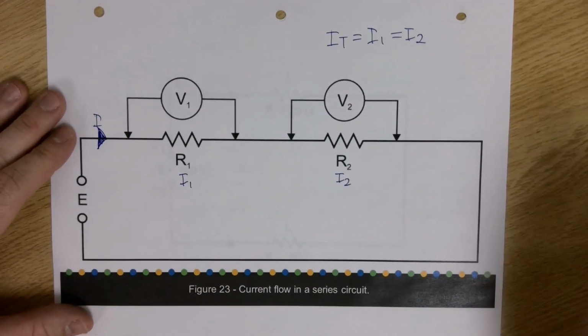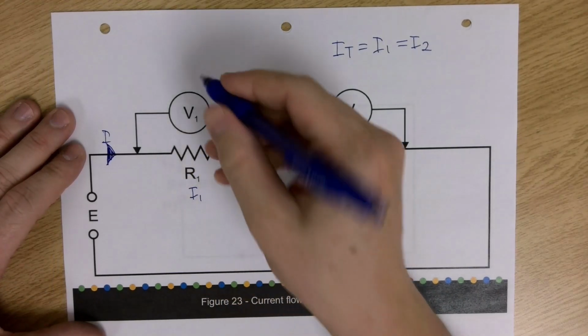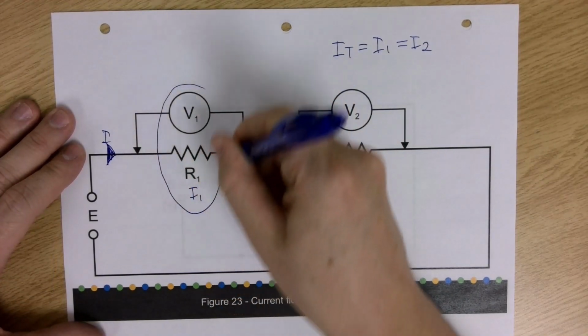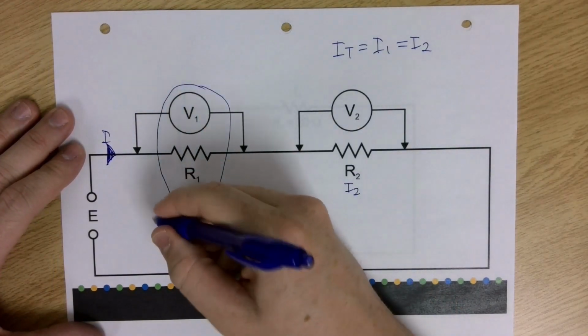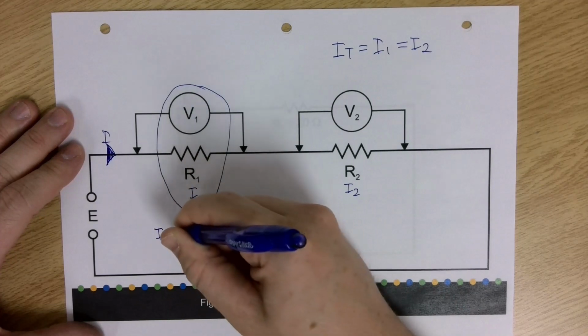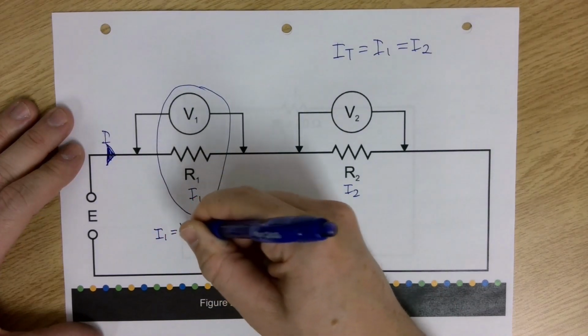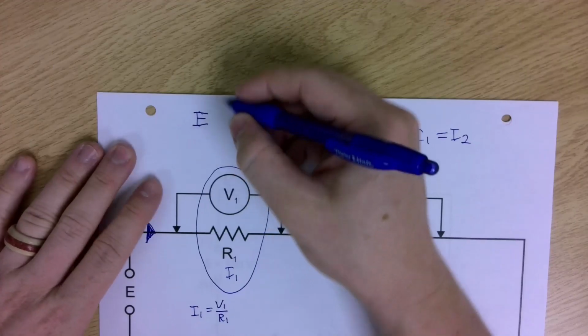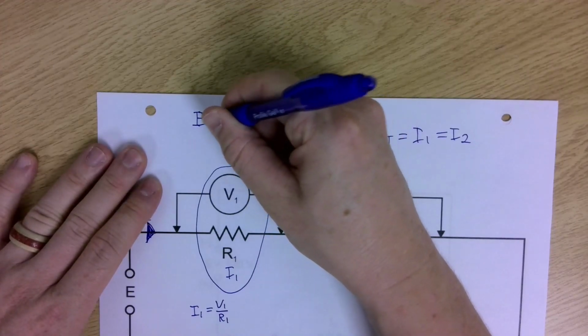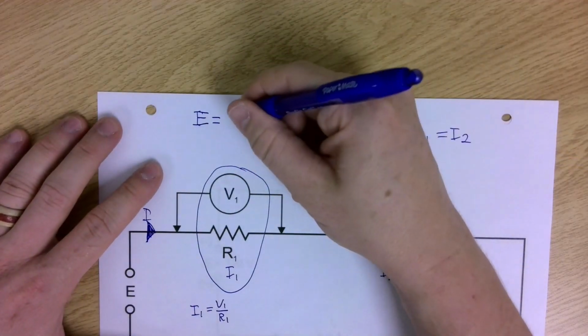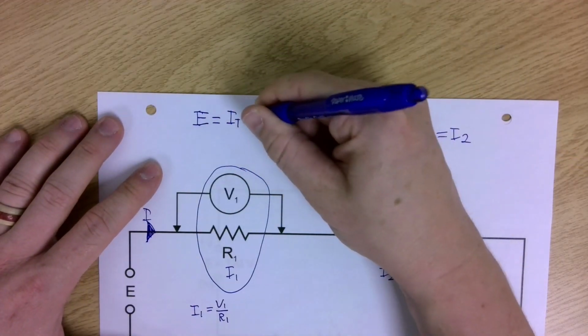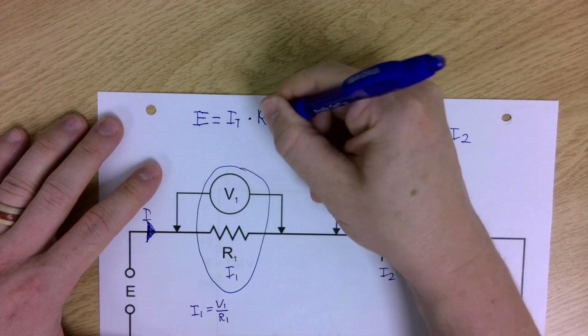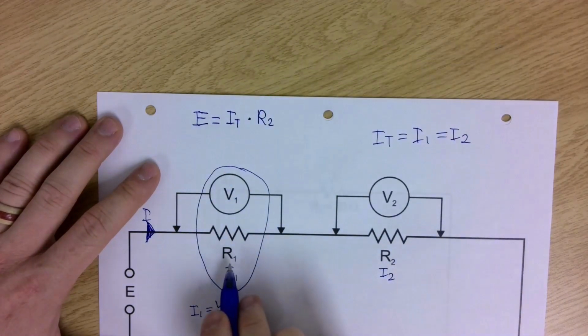And if we look at Ohm's law, just for this load, we would say I1 is equal to V1 over R1. We can't say that E, or our total voltage, is equal to I total times R2, because that's leaving out R1.